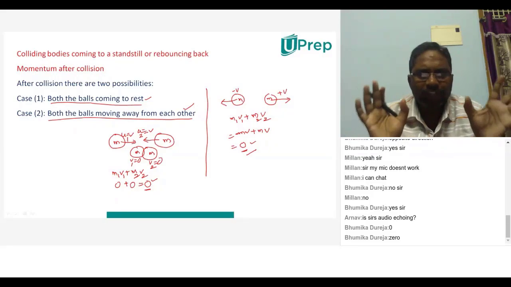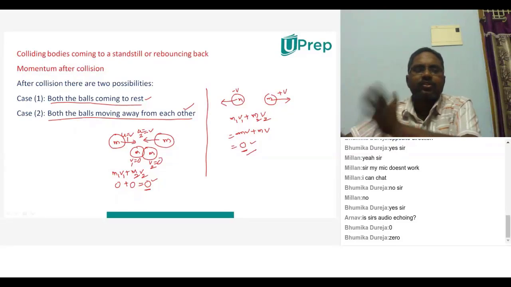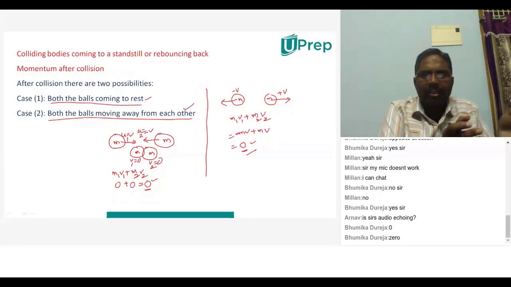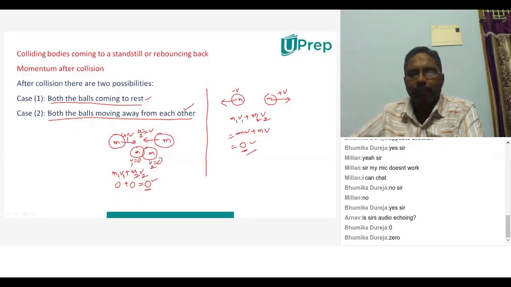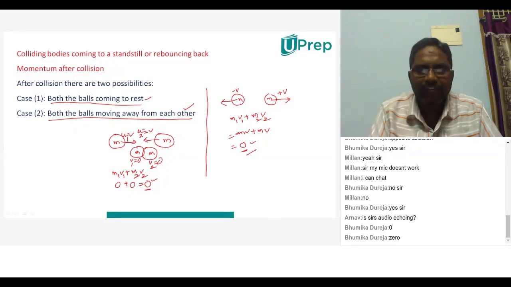So you have to understand like this. Before collision, how much momentum is there? After collision also, the same momentum must be there. Before collision, if zero momentum is there, after collision also zero momentum must be there. Then only you say the law of conservation of momentum is valid. Otherwise, it is not valid.